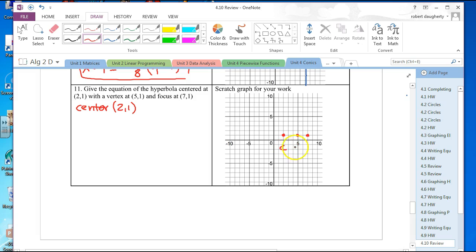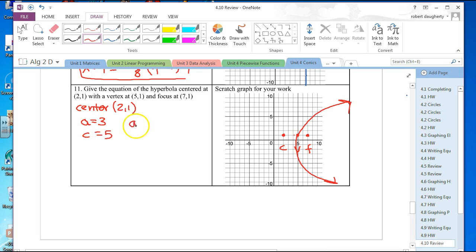Okay, so I've got the center, the vertex, and a focus. I know that this is a horizontal hyperbola at this point. So the distance from the center to the vertex, 1, 2, 3. I know that A is equal to 3. From the center to the focus, 1, 2, 3, 4, 5. I know that C is equal to 5.